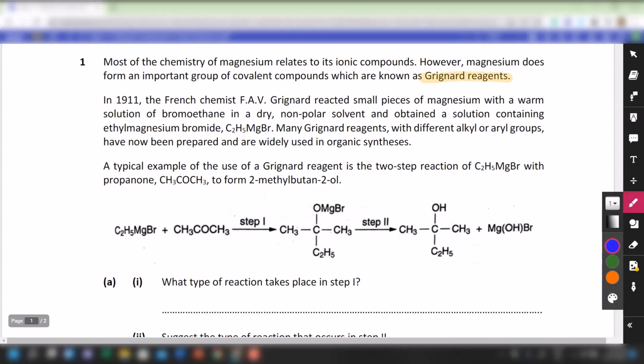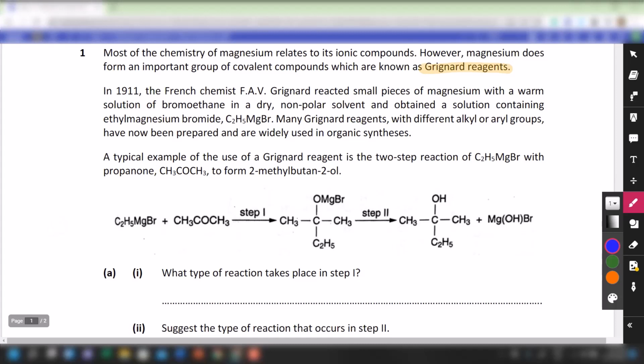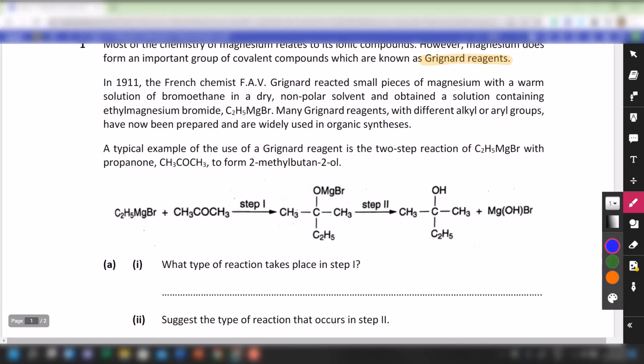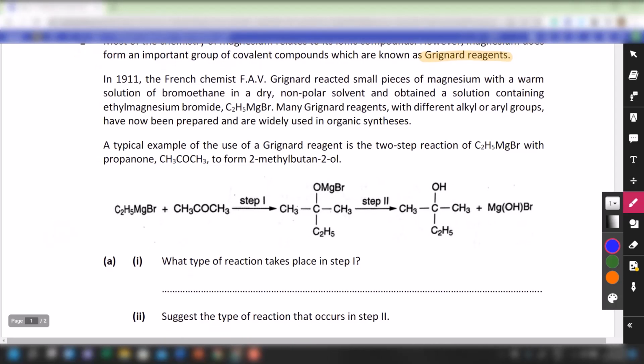Ever since this particular question came out in 2010 for A-levels, many JCs have set it in their school-based exams. So you might have seen it once in a while when you're doing some of these questions. After that they give you some history about the fact that it was developed by the French chemist Victor Grignard.